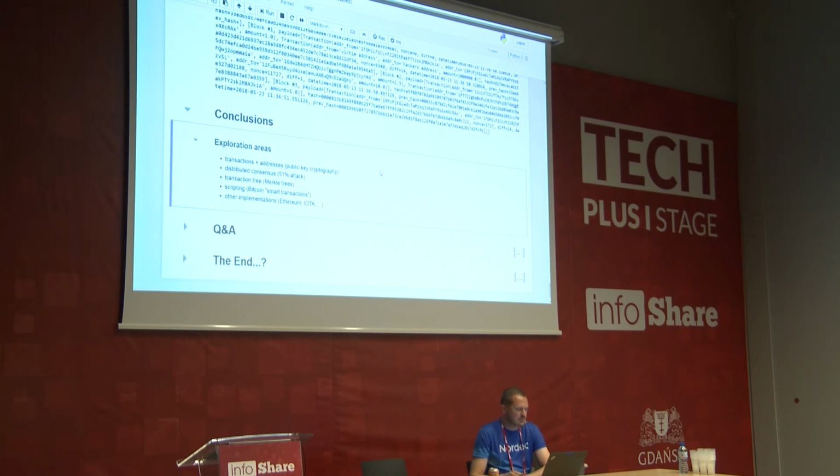Another area is distributed consensus: how it works, how the 51% attacks work, how transactions are propagated in the chain, how different nodes can come up with a solution on their own for a different set of transactions, and how they agree that the block one of them found is the valid one.